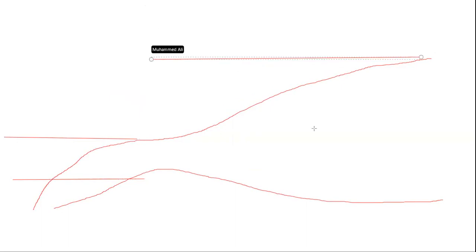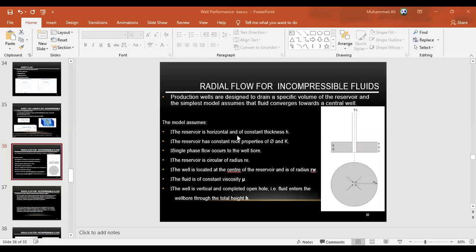So here the thickness is different, and from here to here it is different. That's the situation. But in the assumption that we are deriving right now, we are saying that the reservoir is horizontal and of constant thickness, as you see here.